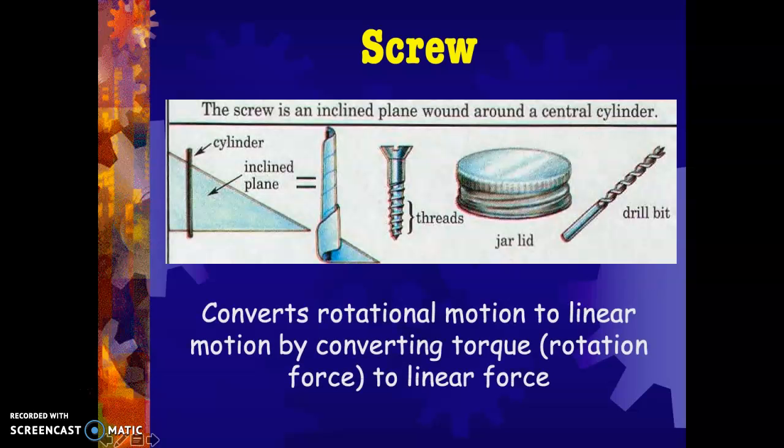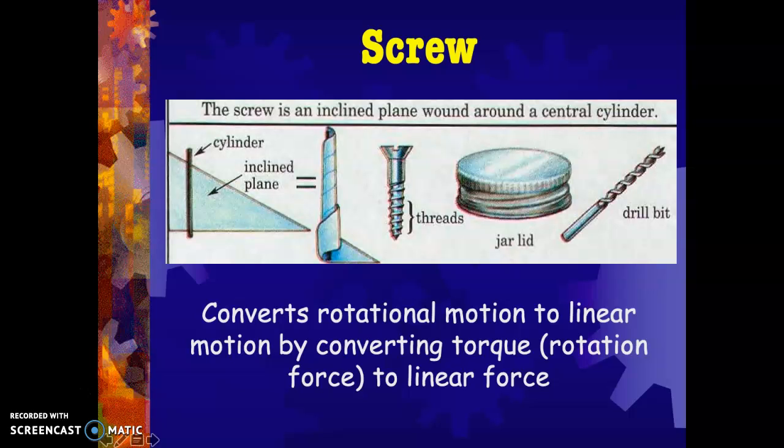What does a screw do? It takes and converts rotational motion, or the motion of turning, into linear motion or straight line motion. It does this by converting torque. If you don't know what torque is, that's just simply rotational force, into a straight line or linear force.